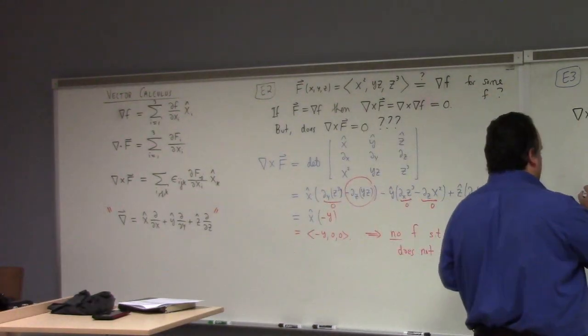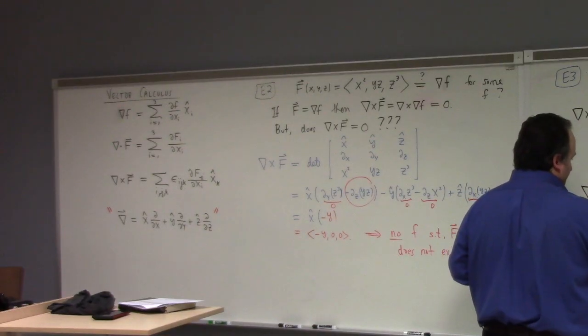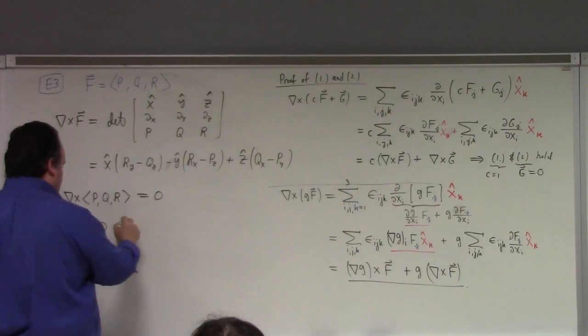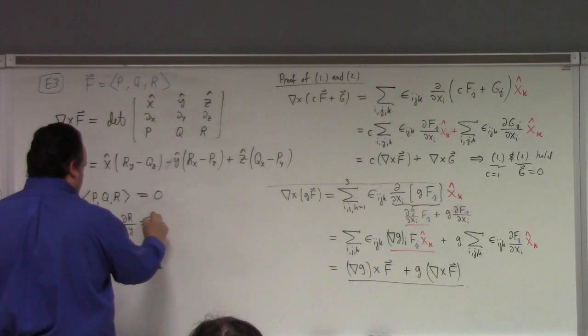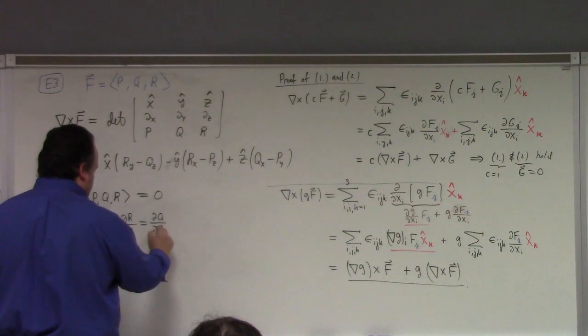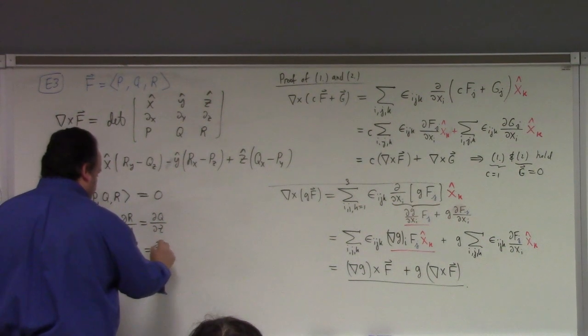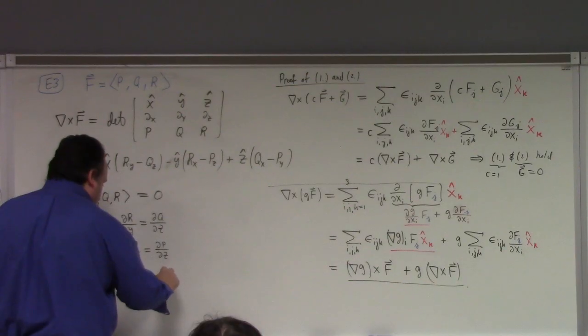So apparently the condition that the curl of PQR be 0 is equivalent to what? We need partial R, partial y equal to partial Q, partial z. We need partial R, partial x equal to partial P, partial z. And we need partial Q, partial x equal to partial P, partial y.